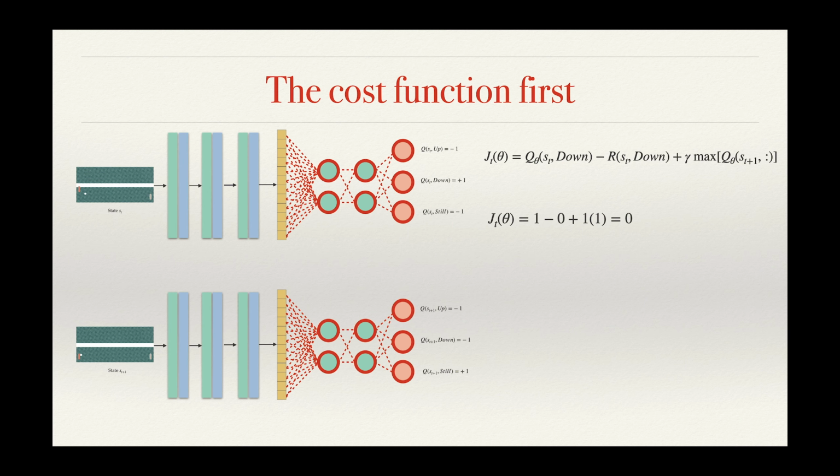To evaluate this cost function, we always need to have the st+1. We need to have the rewards, of course, and we need to know the action that is taken in order to estimate the cost function. We evaluate the cost function, and after that evaluate the gradient of the cost function in order to update the weights.